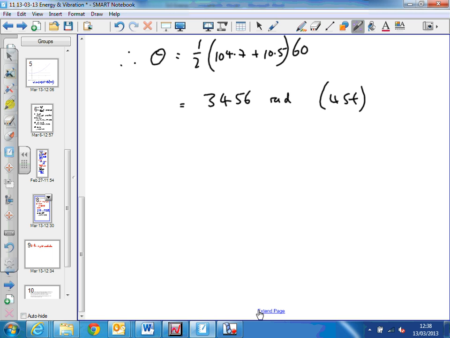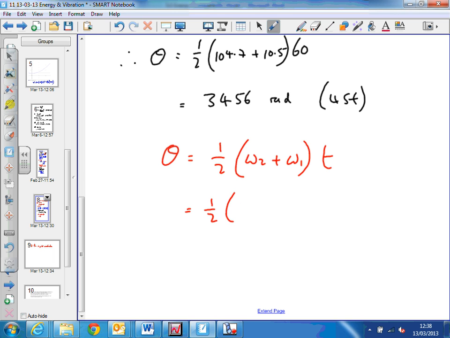Theta equals, as has been suggested, a half omega 2 plus omega 1 times t. Well, omega is 2 pi f. So this equals a half, 2 pi f2 plus 2 pi f1, times t.